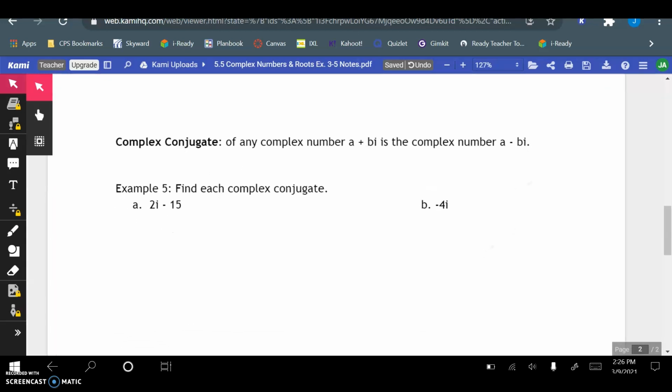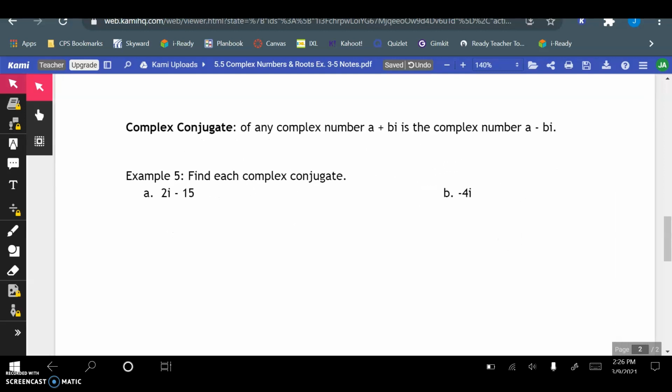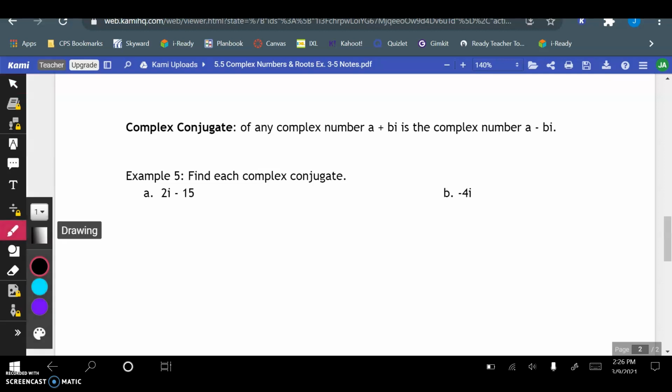All right, last part is the complex conjugate of any complex number. a plus bi is the complex number a minus bi. So basically, we are changing the sign in the middle. The real number goes first, so let's switch this around first.